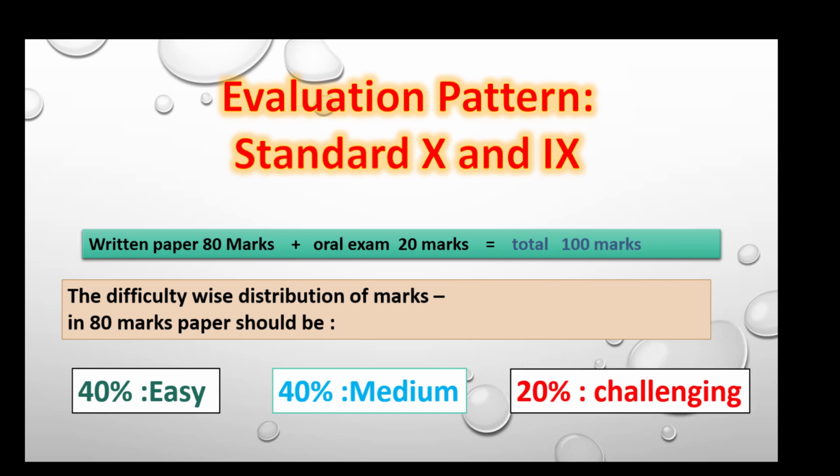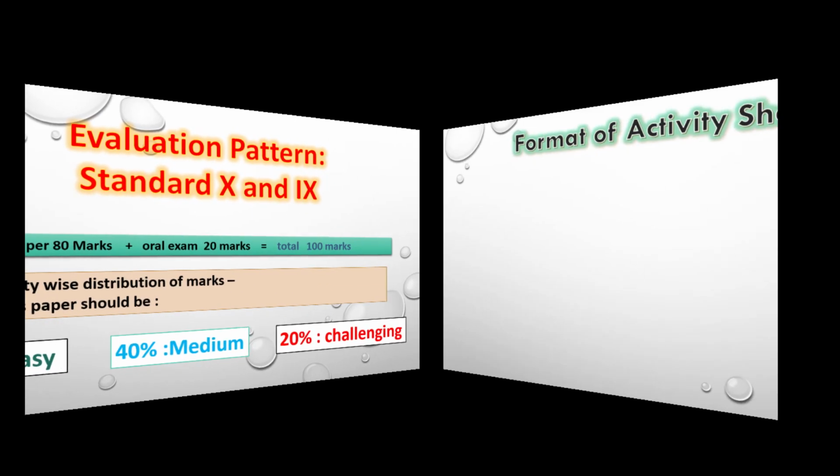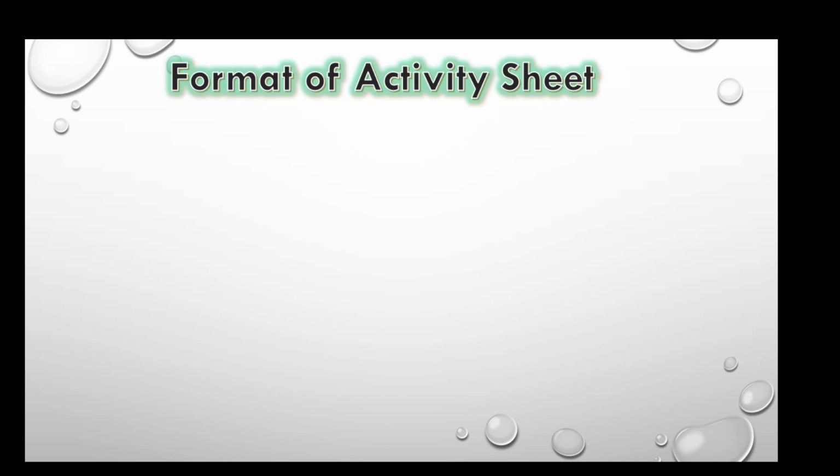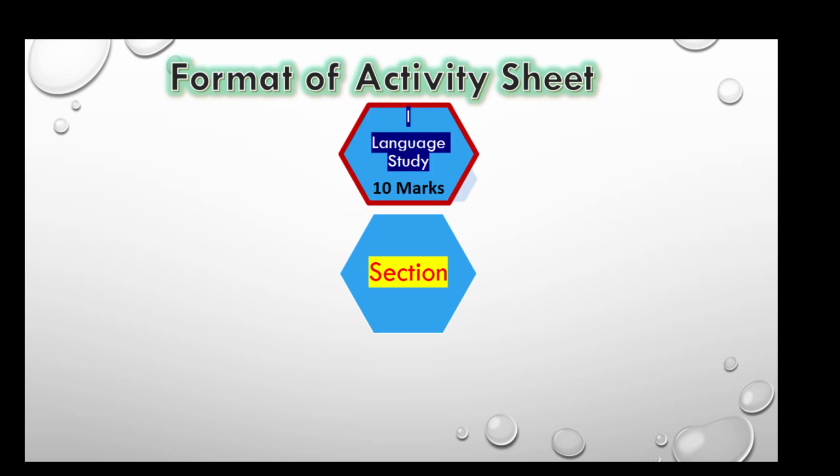Let's see the format of the activity sheet. The activity sheet is divided into sections, and totally there are 6 sections. First one, language study, and 10 marks weightage is given for it. Second section is textual passage and weightage is 20 marks.